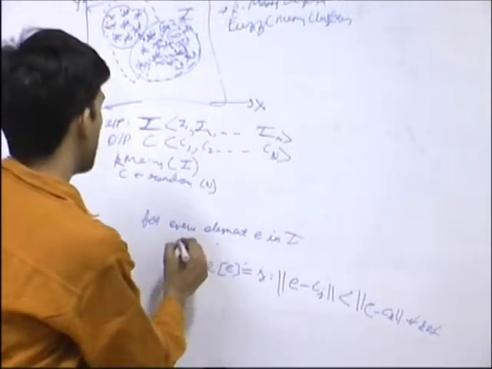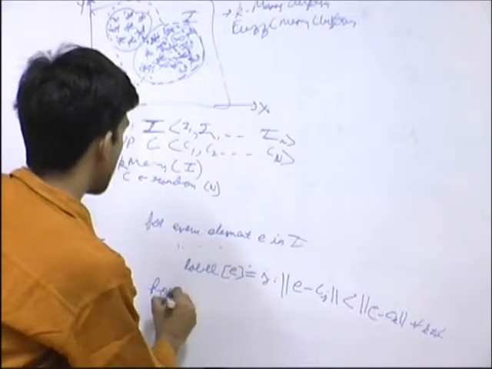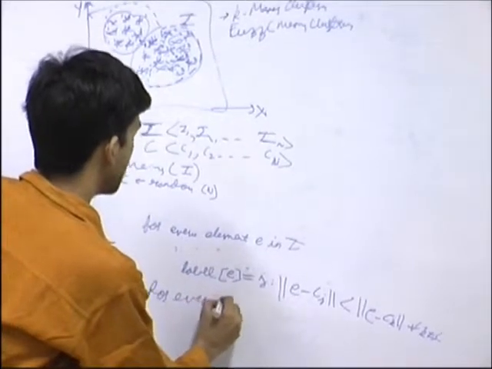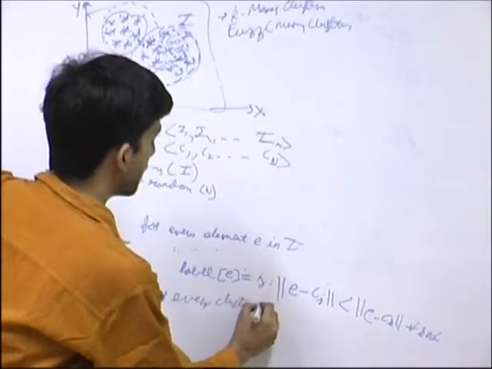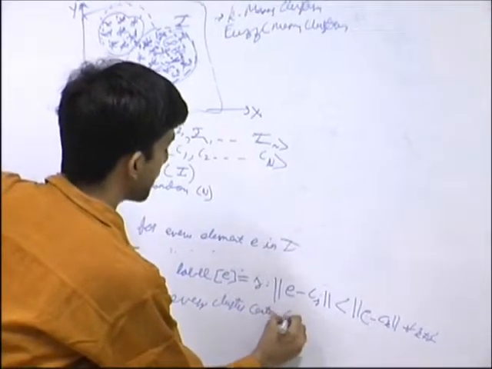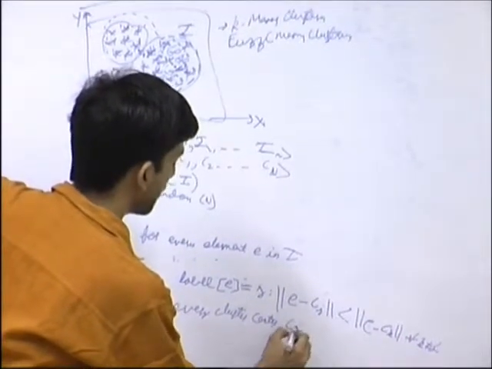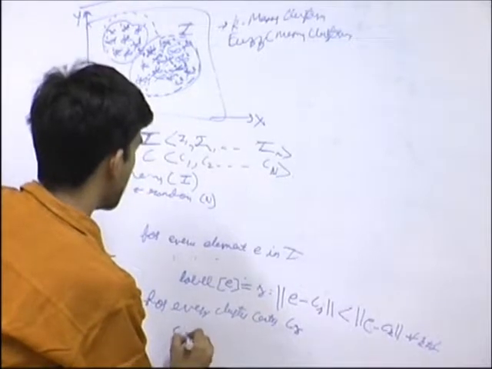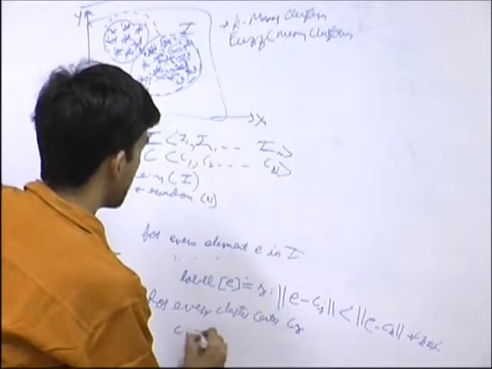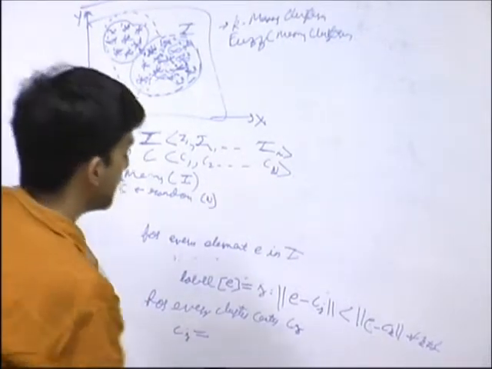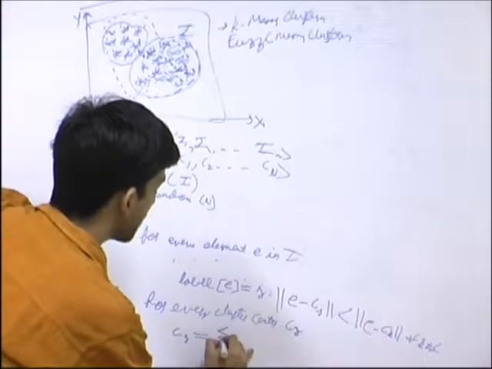Now once I find out this label, for every cluster center Cj, the modified Cj becomes the arithmetic mean of all the elements in that cluster.